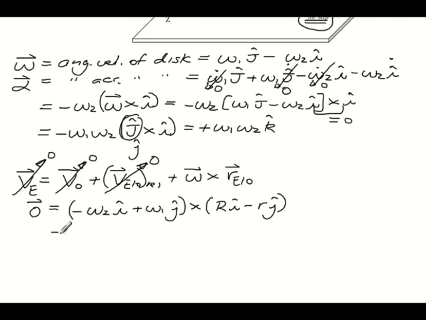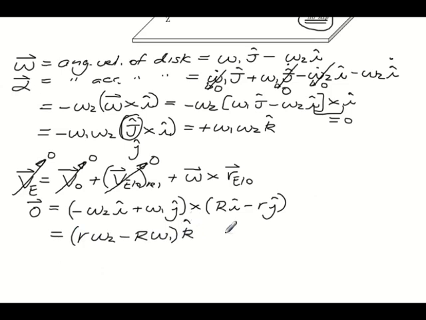So we cross these two together. We know that i cross j is a k, so this is r omega 2 positive k. j cross i is a minus k, so this is a minus big R omega 1 k.